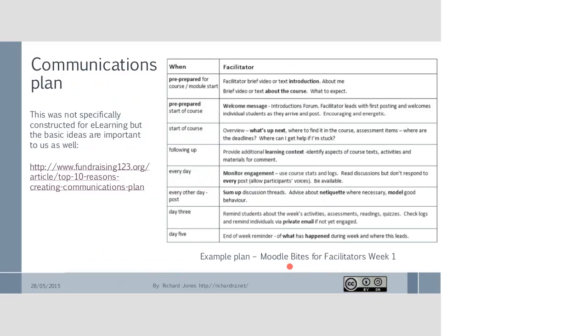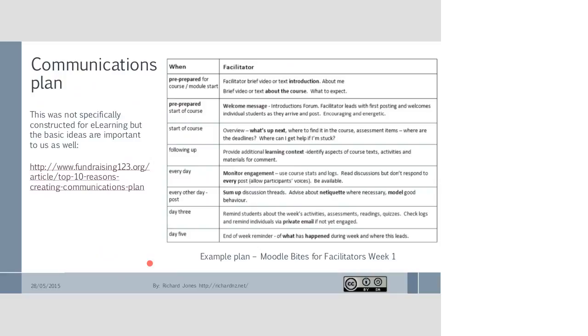Okay, communications plan. Try not to wing it if you're new, particularly if you're new to facilitation. Think about what interventions you're going to make and when you're going to make them before you start the course, and have a look at your checklist, of course, once you've written it.